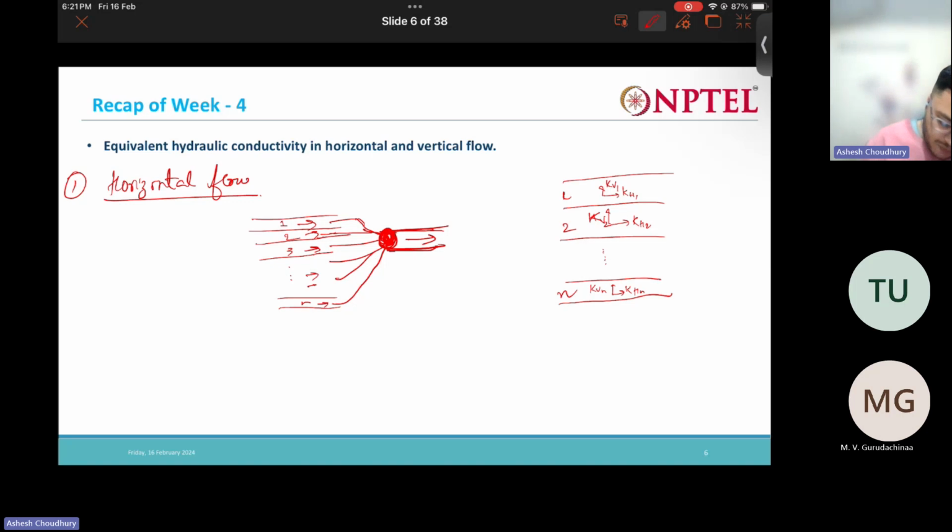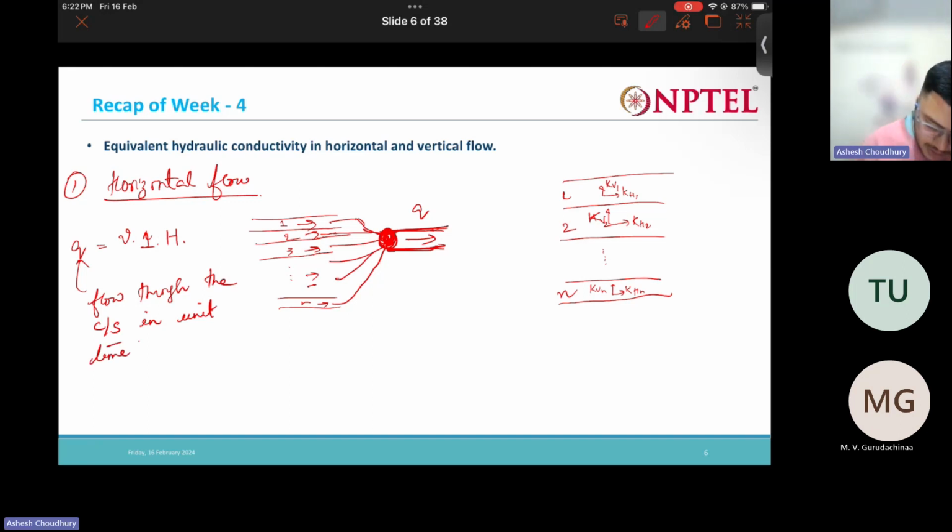Now the total flow through this larger pipe, say that is q. We can write q is equal to v into h. Whatever you are writing, this is nothing but the flow through the cross section in unit time.